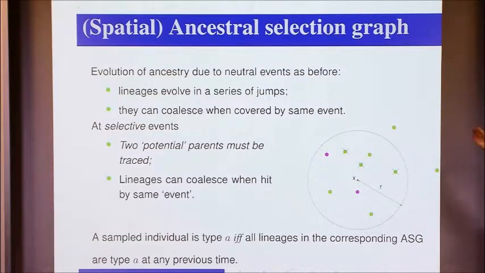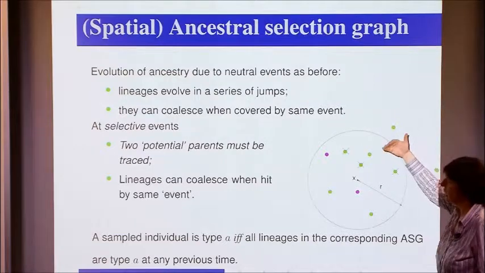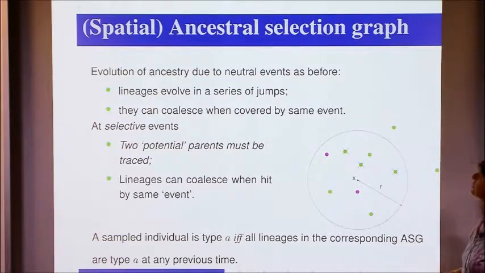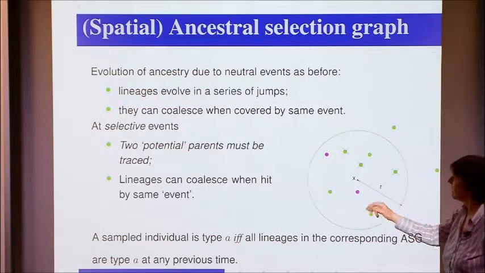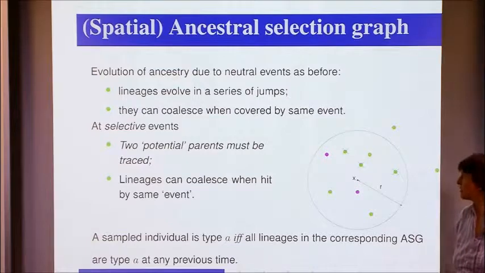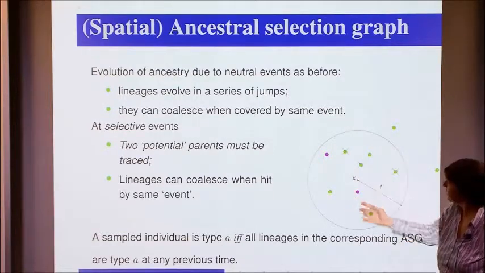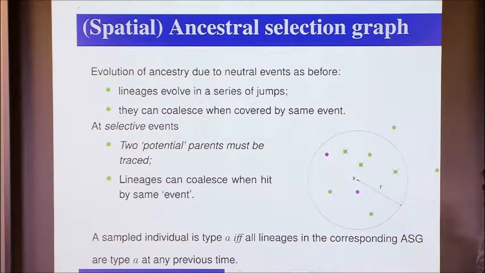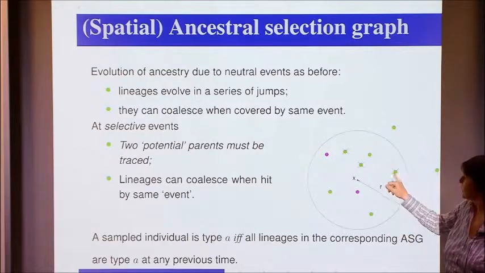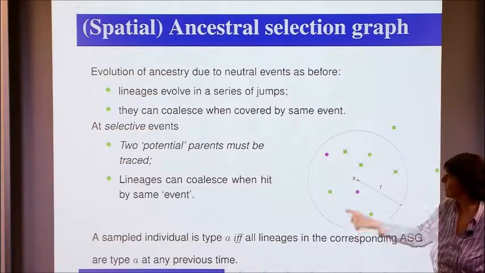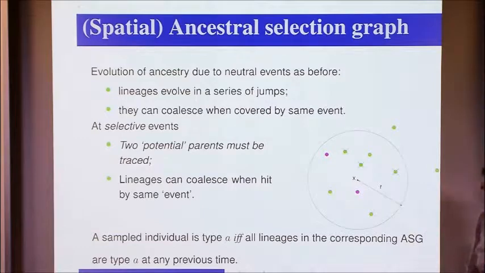Then I go back to some time in the past, and I can resolve and assign types to the potential ancestral lineages that are around, and then I can move back through the tree, resolving who was actually the parent at each of these events. So here we have an event where these were all offspring of the event, but I replaced them not by one lineage as we did for the neutral events, but by two. Okay? So I have a branching and coalescing structure.